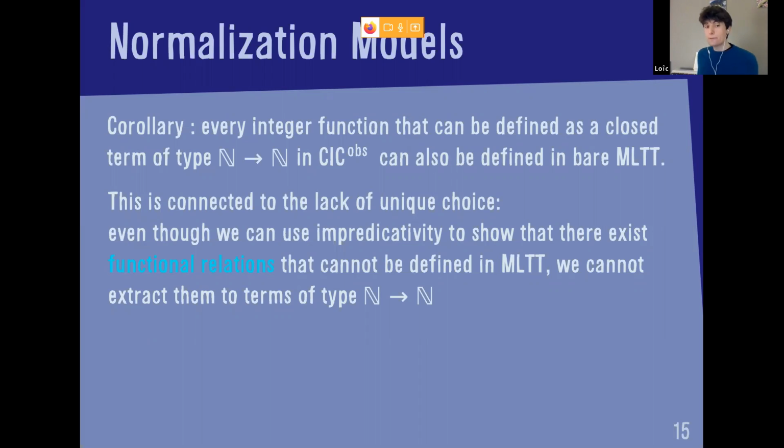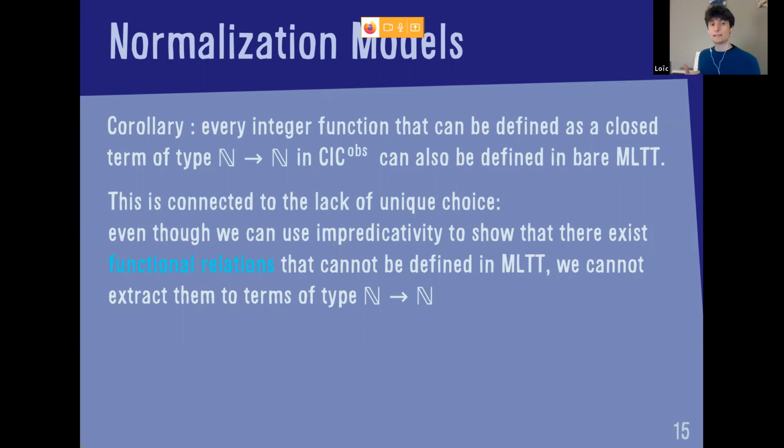So even though we can use the impredicativity to define some super complicated functional relations that entail, let's say, that Martin-Löf type theory is consistent, we will not be able to extract them to actual terms of type nat → nat without the principle of unique choice.